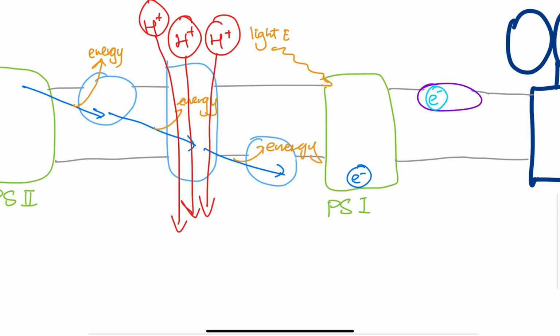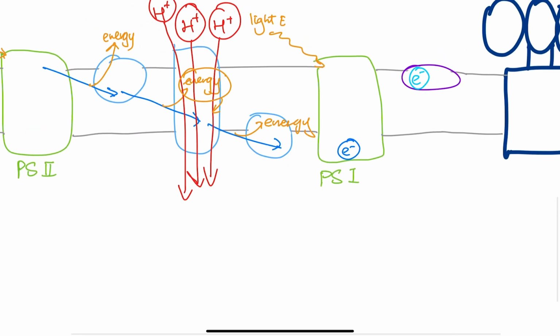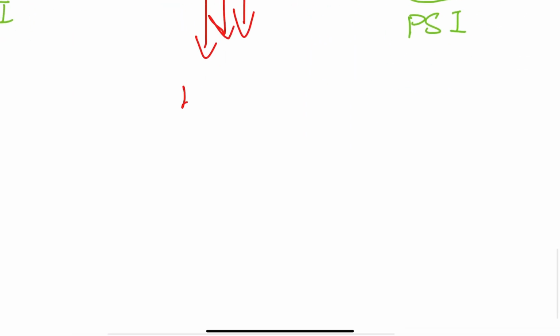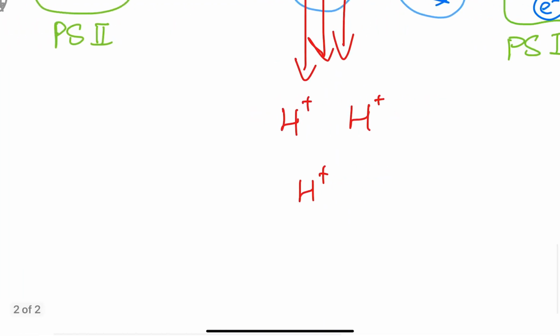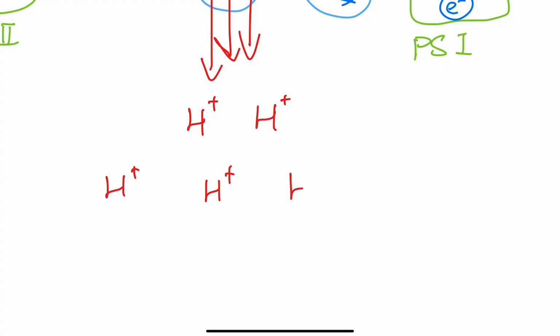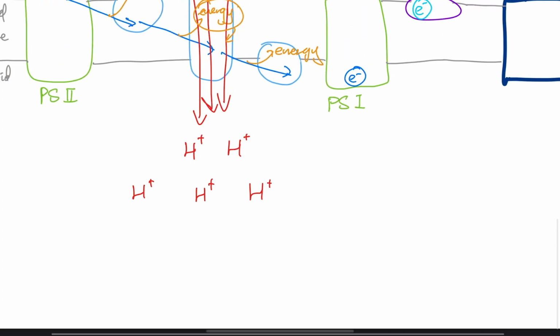So now, since the energy has been supplied, the energy is used for the active transport of hydrogen into the thylakoid space. Now there's a lot of hydrogen ions inside the thylakoid space.